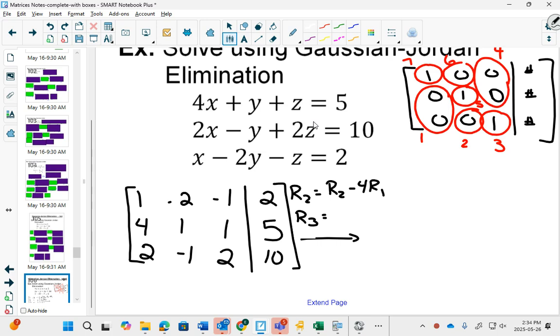You can do these both at the same time. I can take row 3 and subtract 2 row 1s. It also would be perfectly fine if you would like to do it the other way. You'd like to do 4 row 1s minus row 2, or 2 row 1s minus row 3. It doesn't matter the order that you do that.